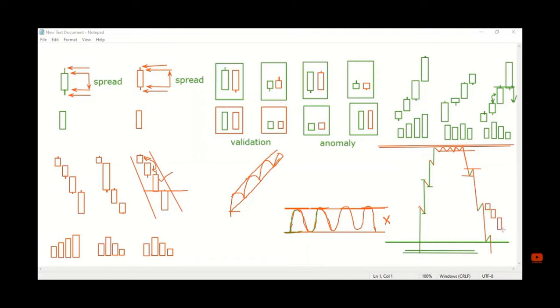Like this one. So if this candle's volume is this one, the second candle's volume is this one, now the third candle's volume is this one.